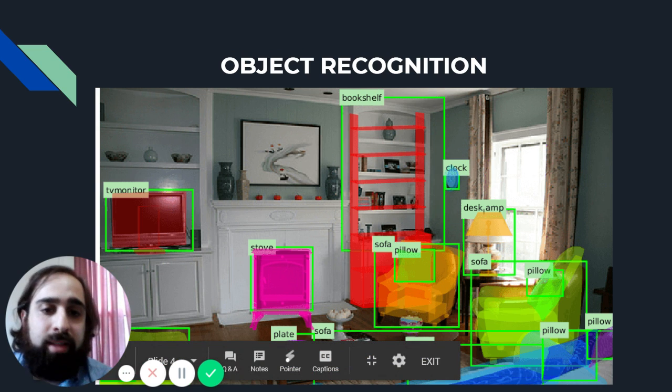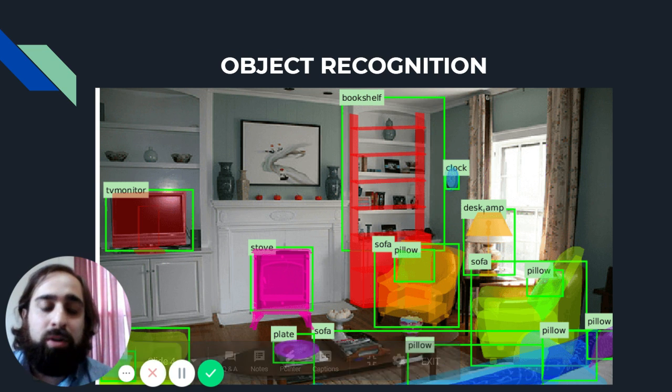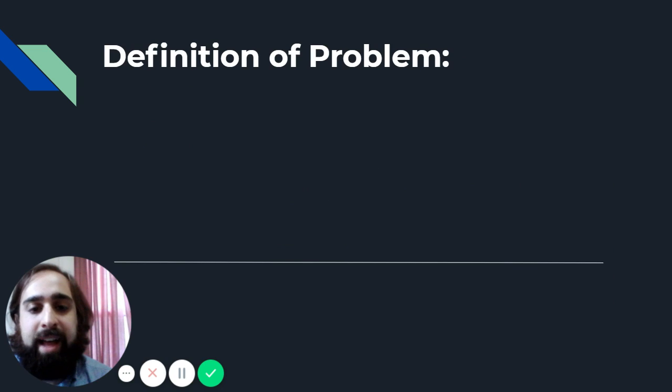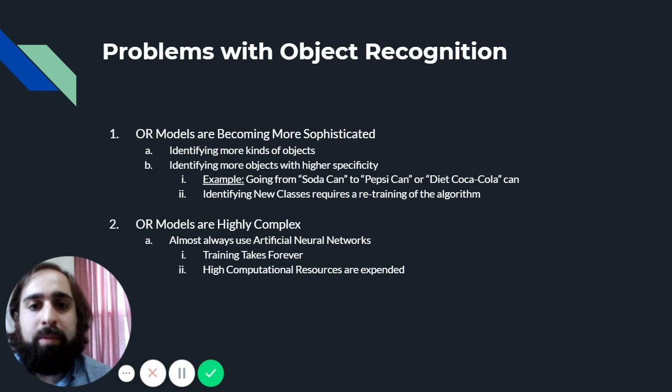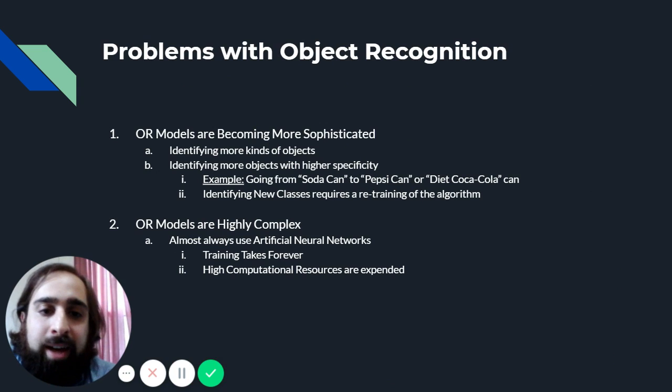It's a big thing in the data science world, and what's important about it is that they become more and more sophisticated as the years go on. Not only do more sophisticated object recognition models pick up different kinds of objects, more and more classes to be added to the algorithm, but classes that are already in the system become more and more specified.